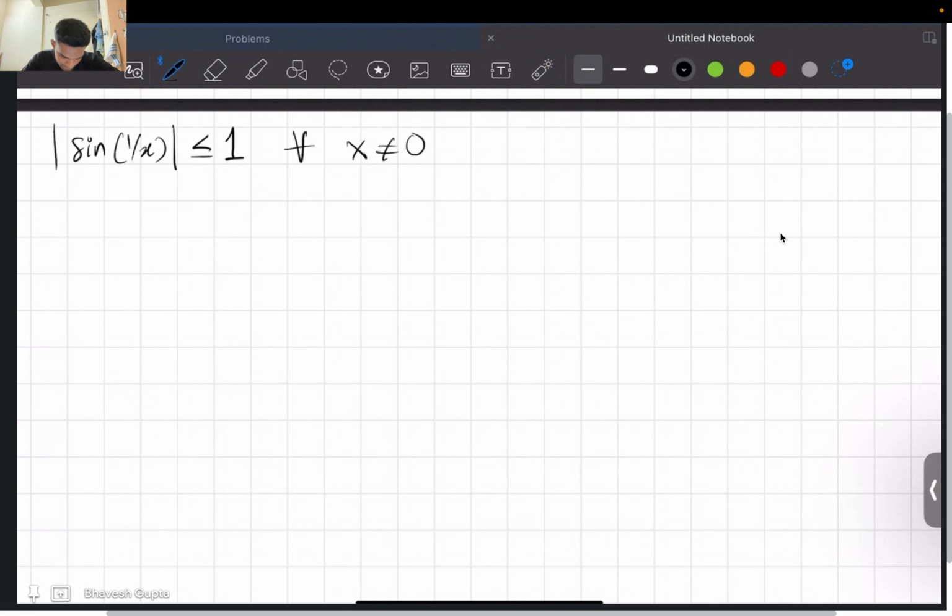And we also know that we have this function e to the power x, which is an increasing function. This is also positive for all values of x belonging to the real numbers. So what we can do here is use this idea.